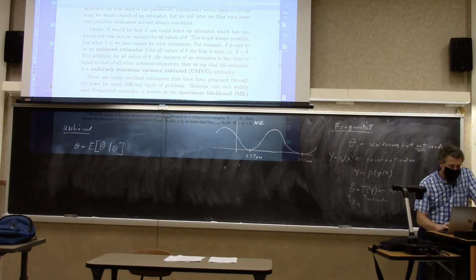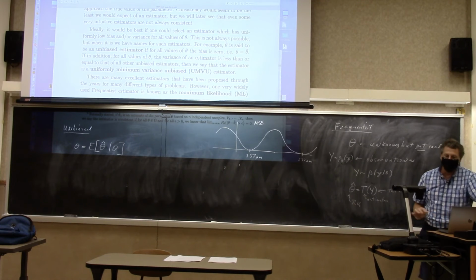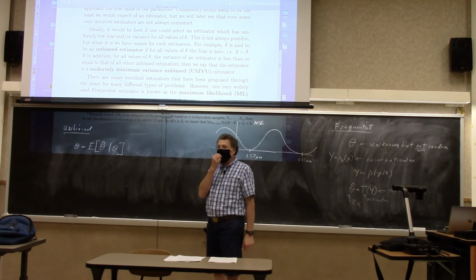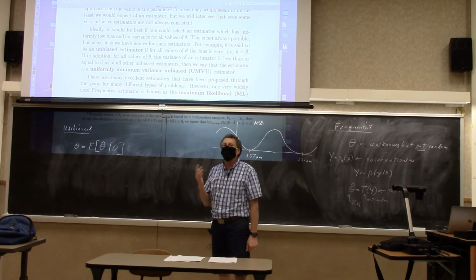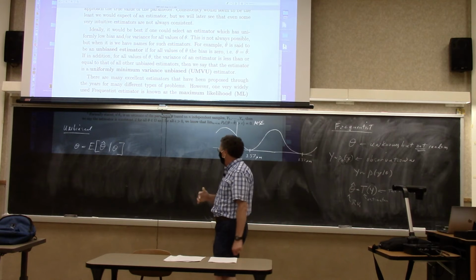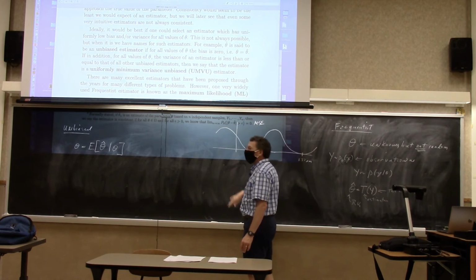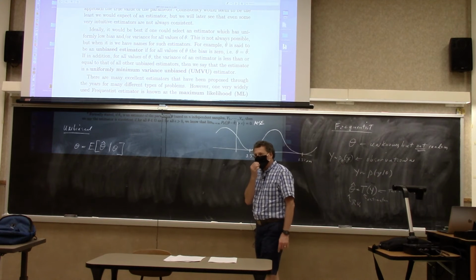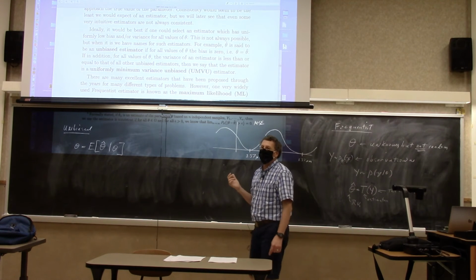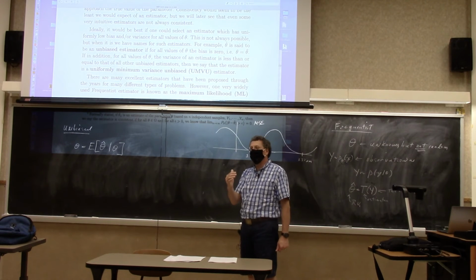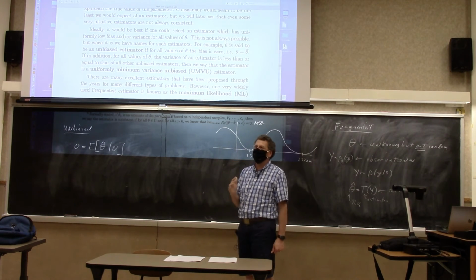Then once in a while you get lucky and you can find a uniformly minimum variance unbiased estimator, which is to say that there's one estimator among all unbiased estimators which uniformly has the lowest variance. Why uniformly? Because the bias is a function of theta. So it could be that one unbiased estimator has lower variance in one area and another one in another.